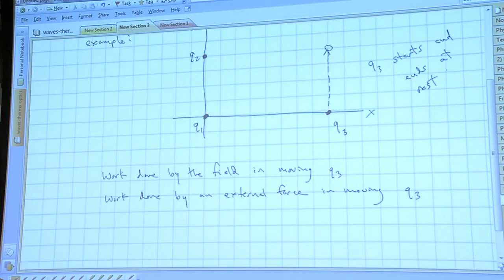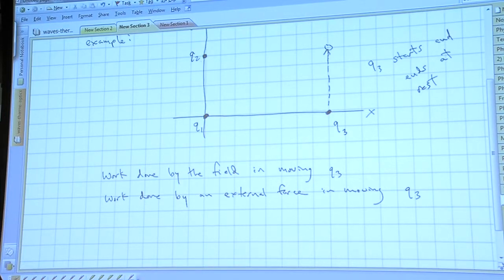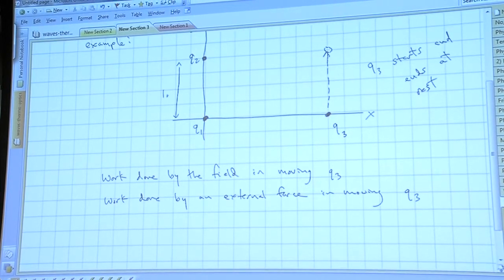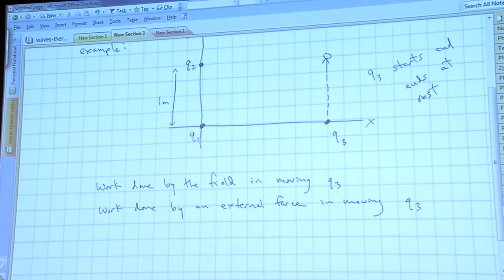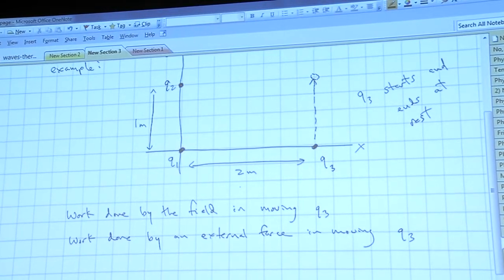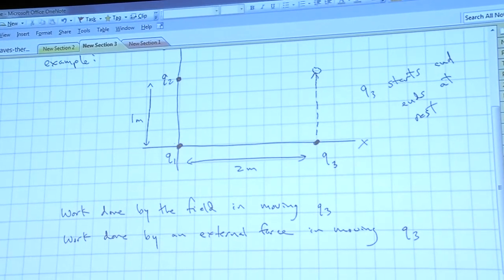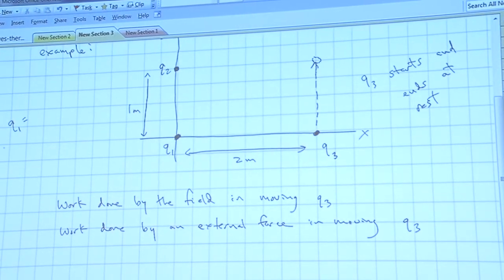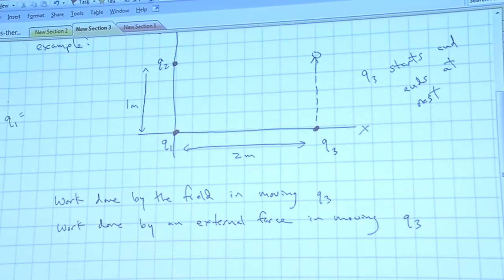So let me give you some numbers here. Let's make this distance one meter, and that means that this distance is 2 meters. And let's make q1, what do you want q1 to be, positive or negative?